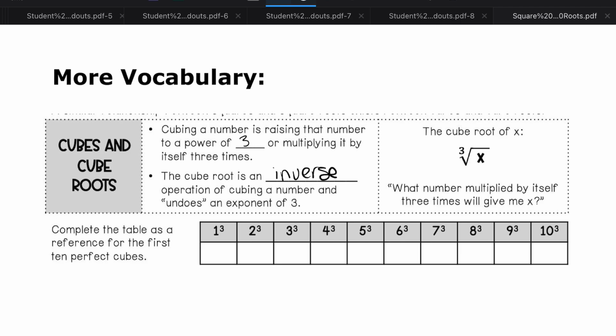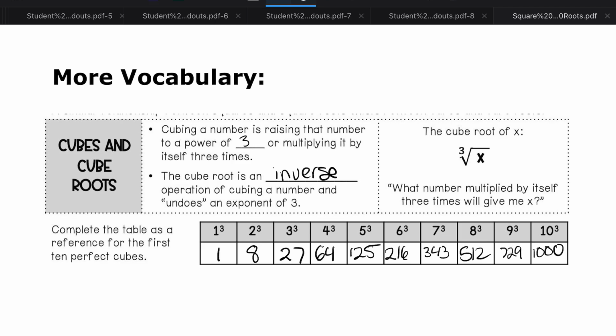So if we complete this table for our perfect cubes, just like we had our table back when of our perfect squares, we have 1, 8, 27, 64, 125, 216, 343, 512, 729, and 1000.